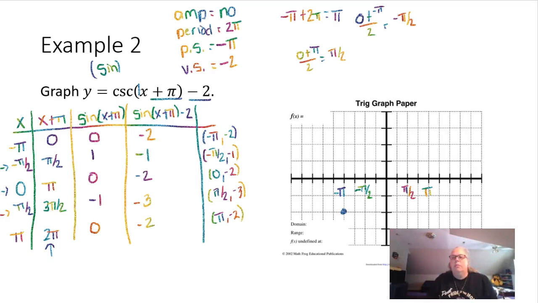Negative pi over 2, negative 1 is going to be right here. 0, negative 2 is going to be right here. Pi over 2, negative 3 is going to be right here. And then pi, negative 2 is going to be right here. So my sine curve, I'm going to change colors here for just a second.